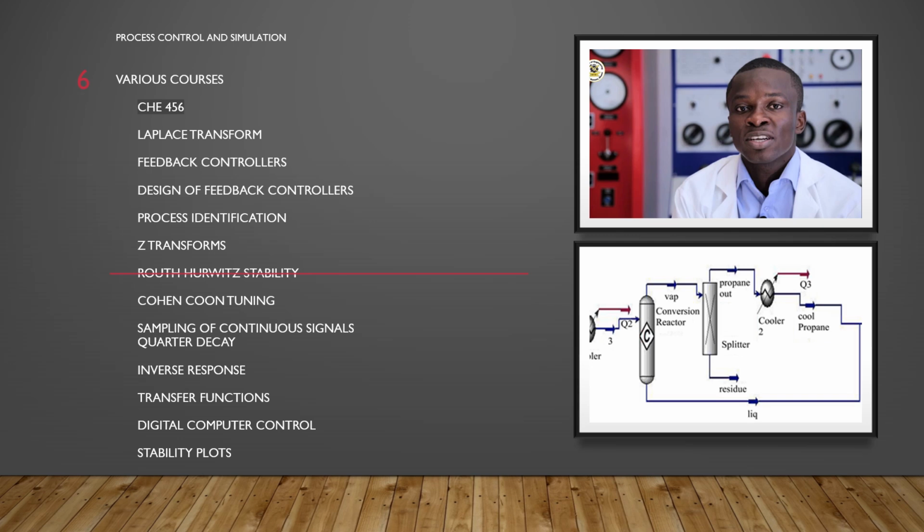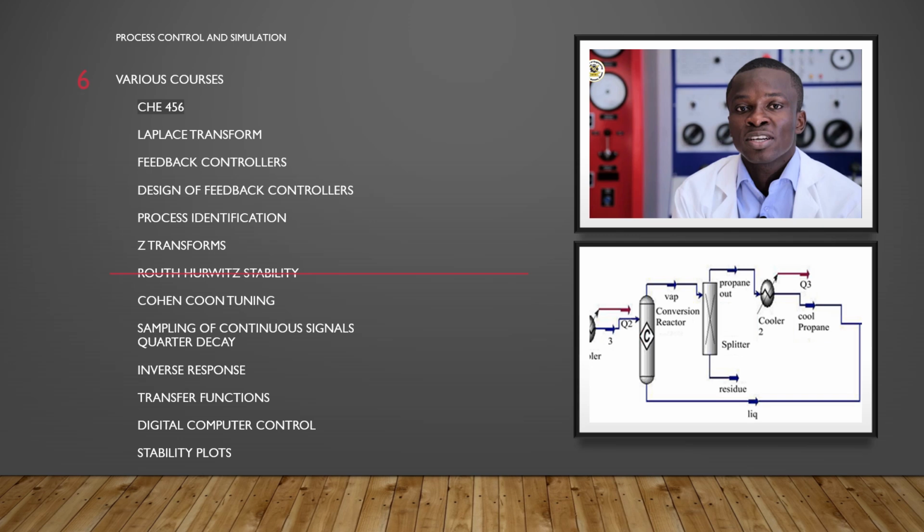The courses or the various topics which are of key interest in the process control and simulations major course at the Department of Chemical Engineering 4th year include: Laplace transform, which is an equation where you must vary some variables and use some calculus, multivariable calculus, in order to solve that transformation.